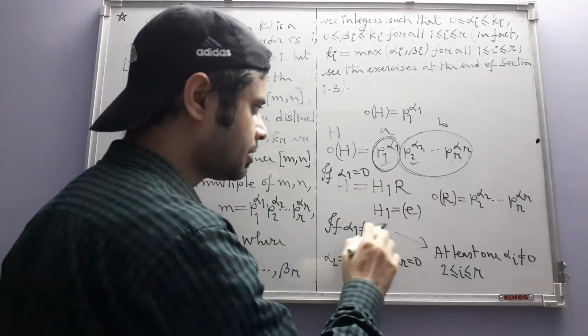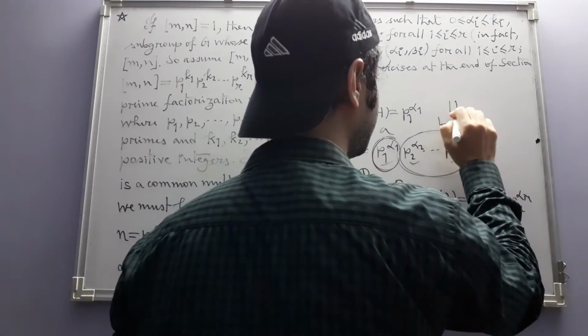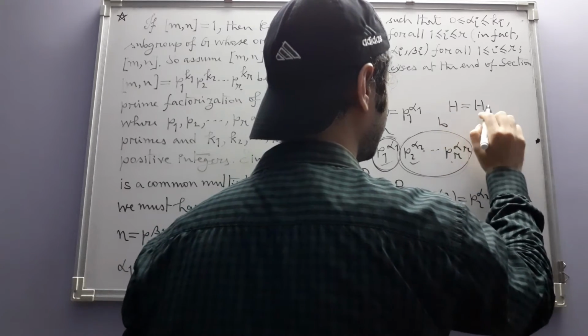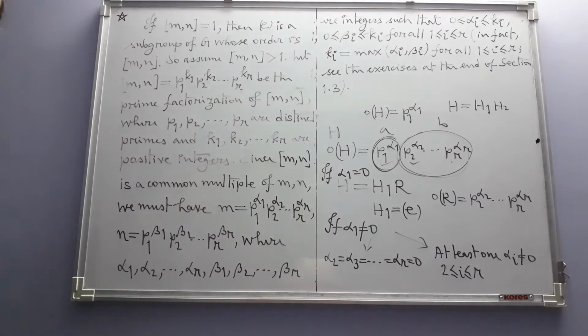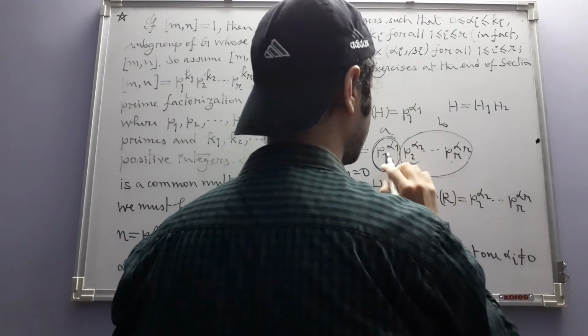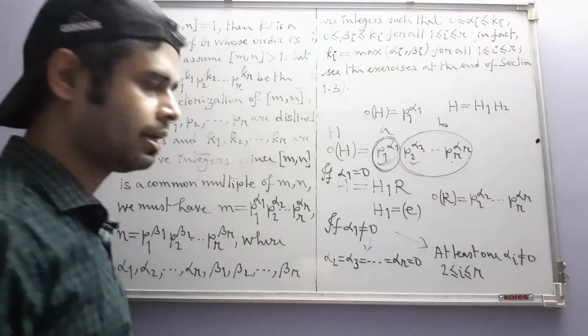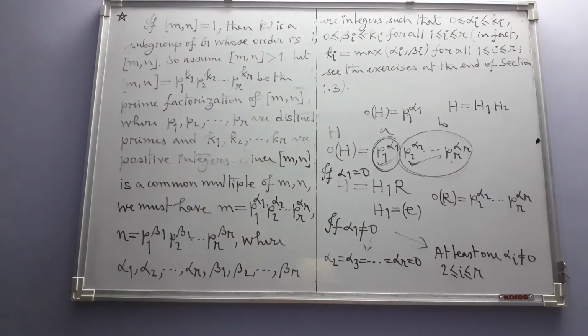And by applying the result proved in the previous paragraph, H will then be expressible as a product H1 H2, where H1 is a subgroup of order this and H2 is a subgroup of order this.